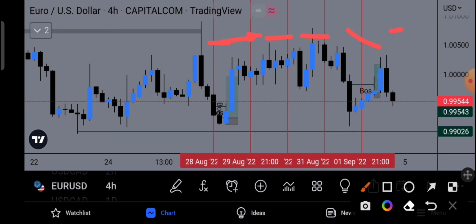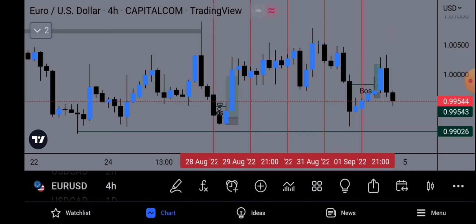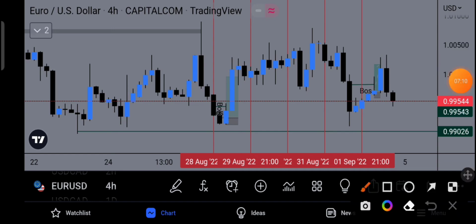Once you're in the 4-hour time frame, you observe. This was the low of the week. I took this buy on Monday, and I did not take this buy on Friday, but I marked it out. I just observed that. You can see the low, and you can see the high on Wednesday.